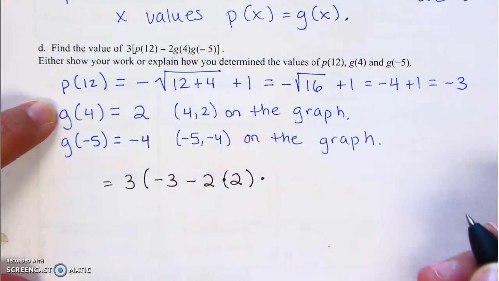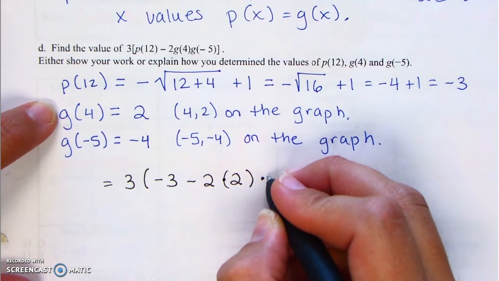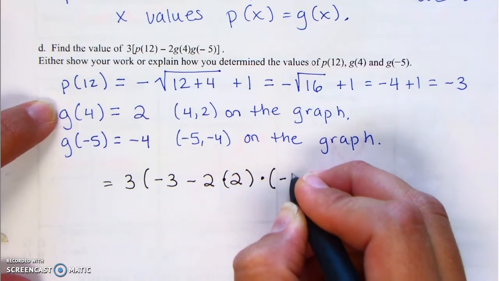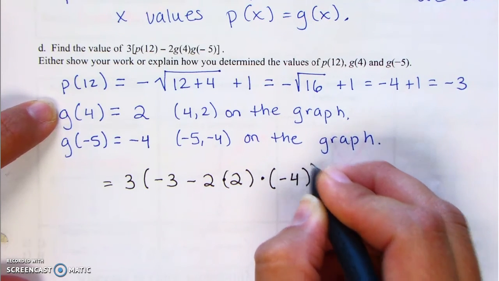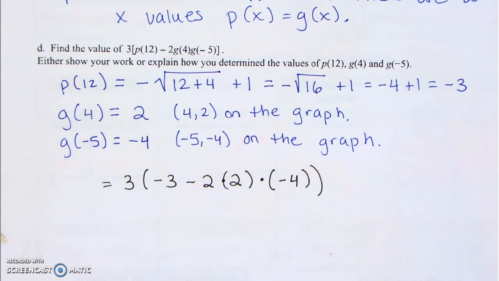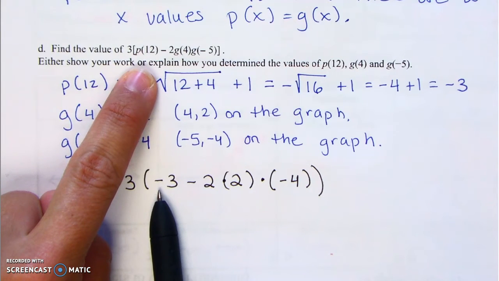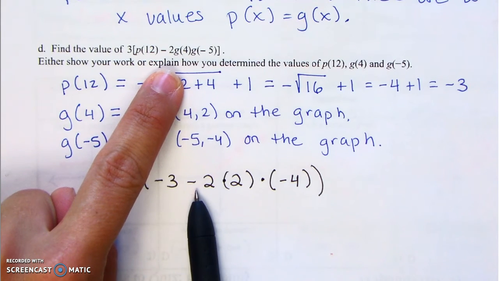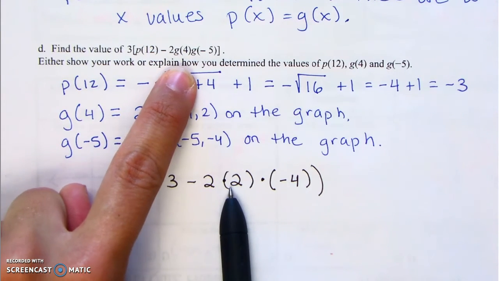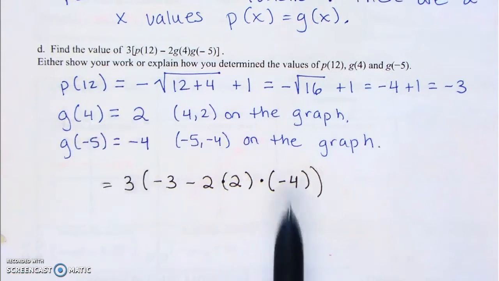Times g of negative 5. G of negative 5 is negative 4. Double check your work. You got to check that you did it carefully. So I had a 3, p of 12 minus 2 times g of 4 times g of negative 5. Yeah?